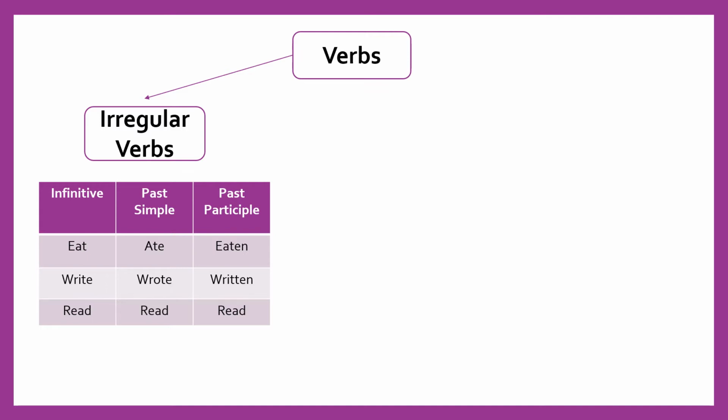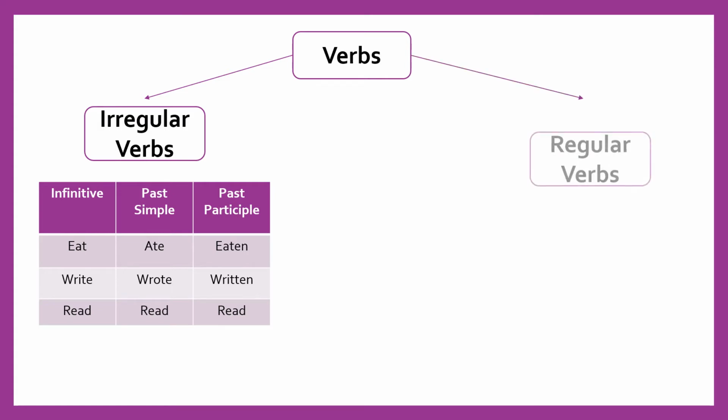The verb write in the past simple will be wrote, and in the past participle will be written. And finally, the verb read in the past simple will be read, and in the past participle will be read. So we know that these verbs change the spelling when they go to the past. Cambian su escritura cuando pasan a pasados.